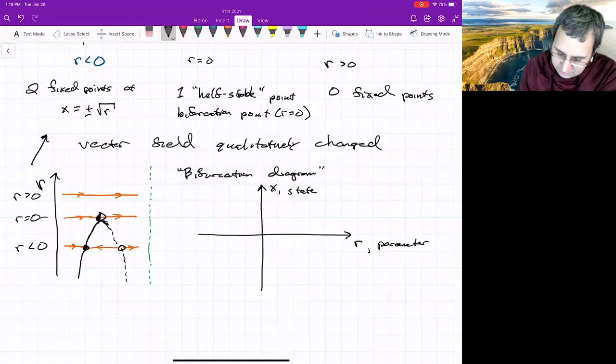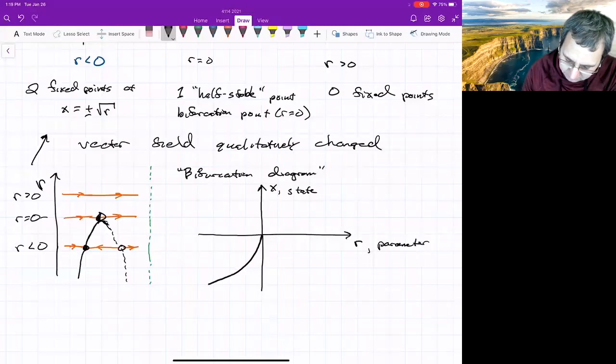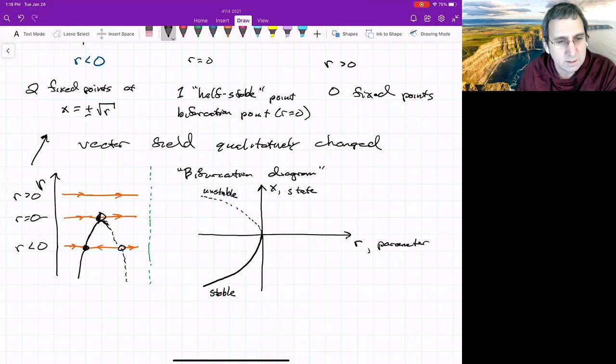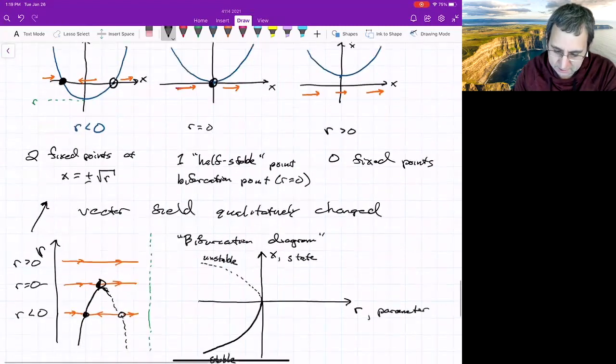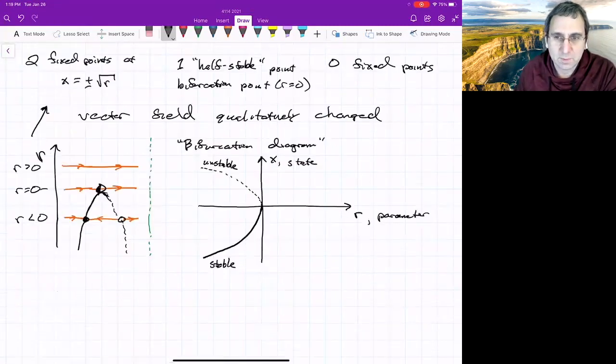And we would use a solid line to depict the branch of stable equilibrium points, and a dashed line for the unstable. So this is the unstable, and then this is the stable. I think that's right. Yeah, if we look up here, yeah, okay.